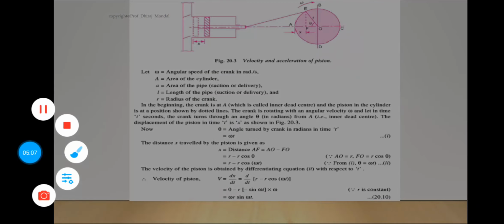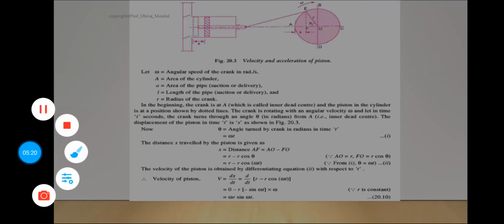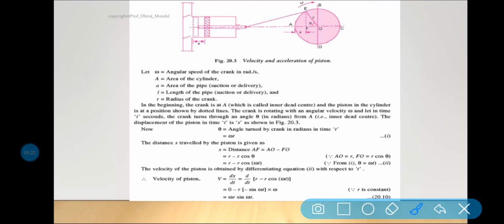Now this is your suction pipe, this is your delivery pipe, this is your piston cylinder, this is your piston. Now when it is rotating, let us consider the piston moving x displacement from top dead center to this point.